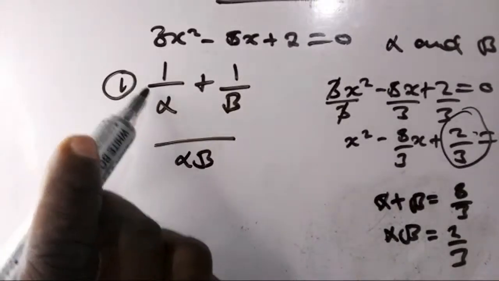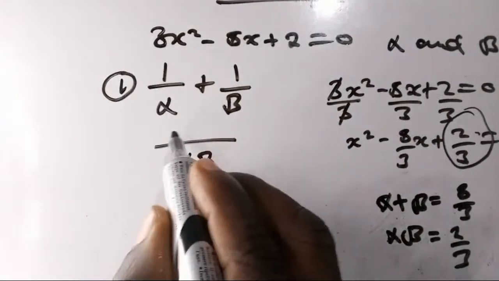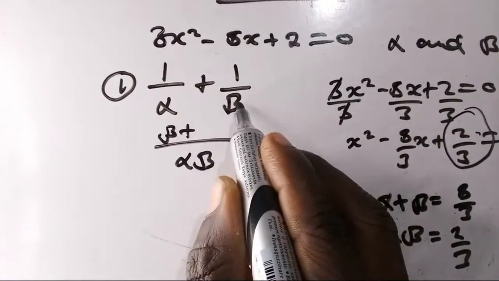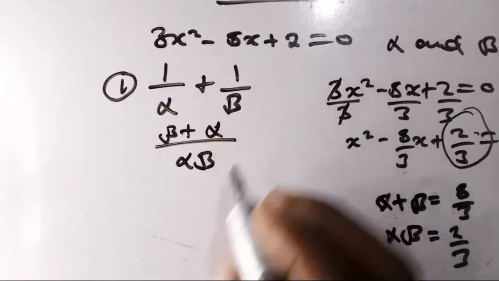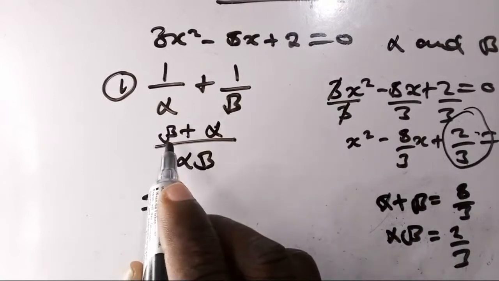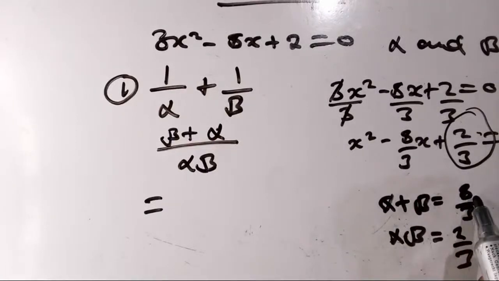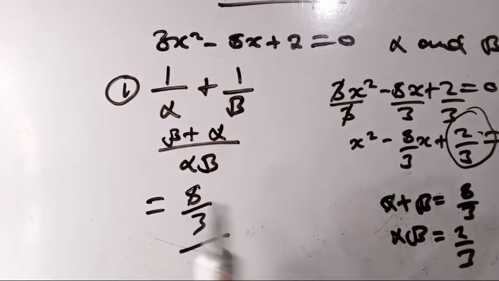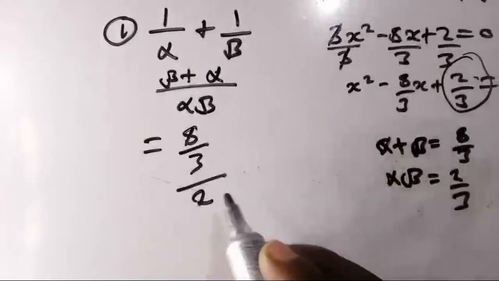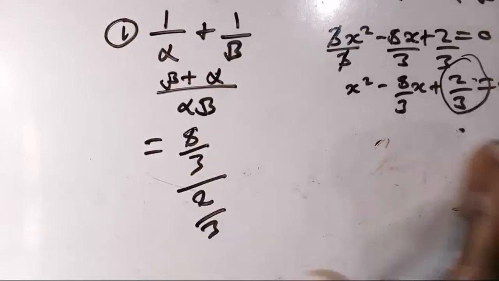Then alpha beta into beta, we are going to remain with beta, plus alpha beta into alpha, we are going to remain with alpha. Remember, beta plus alpha and alpha plus beta are the same. So here we have 8 over 3 over alpha times beta, which is 2 over 3. So now this is a division. Let's try to see what we have.